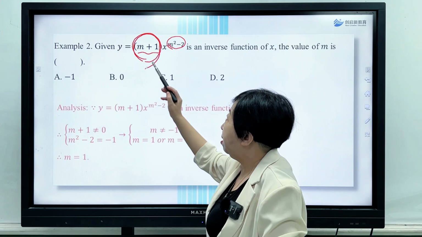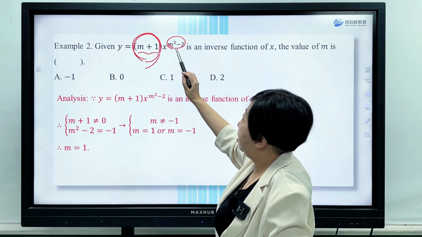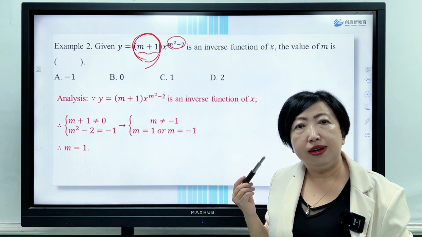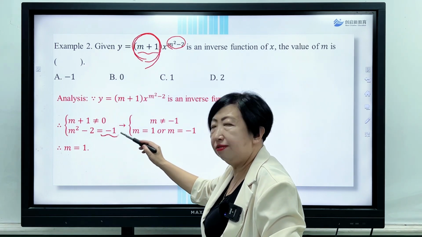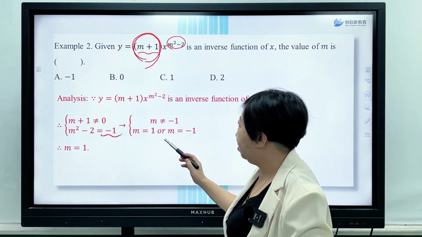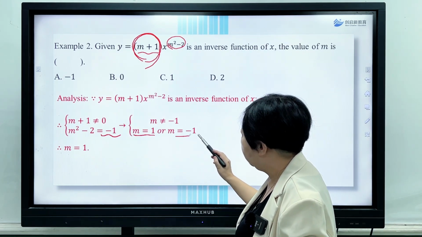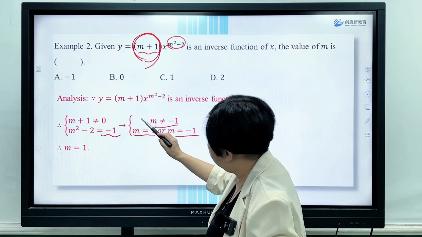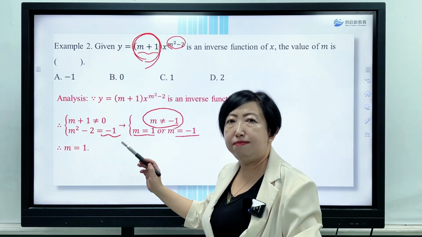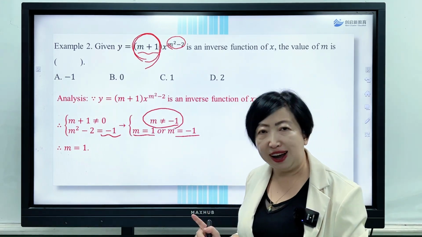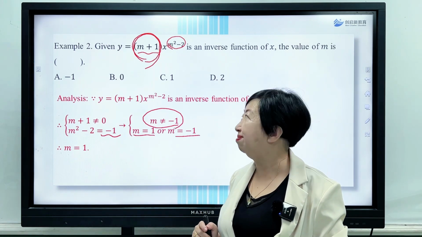So m plus 1 equals 1, and m squared minus 2 equals -1. So we know m equals 1 or m equals -1. But here m is not -1. So we can choose m equals 1. M is 1, so the right answer is C.